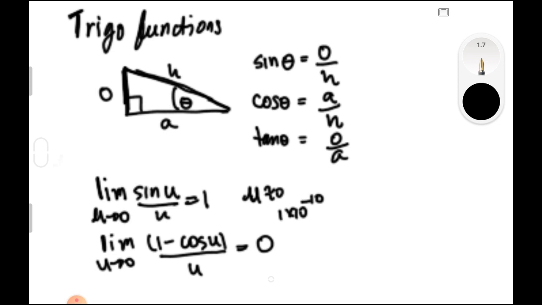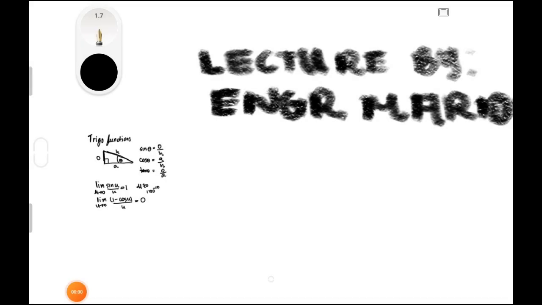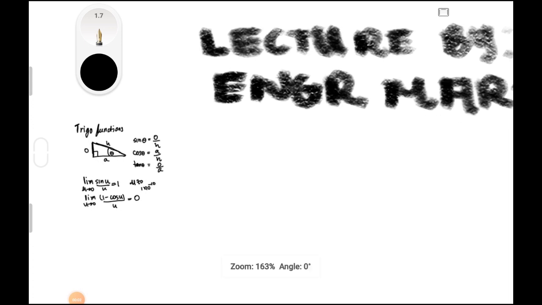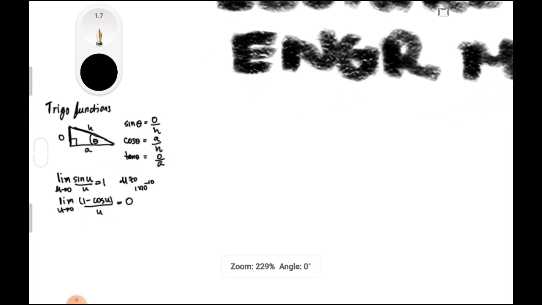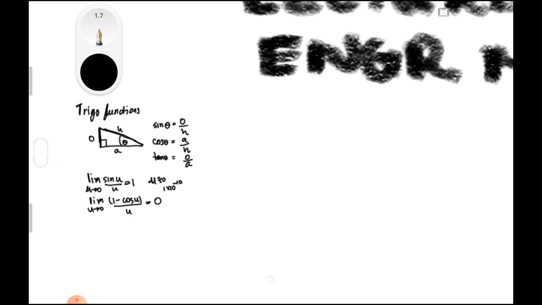The geometric proof of sine u over u will be uploaded separately to this video. So let us use our theorems of trigo functions in solving different exercises of limits.